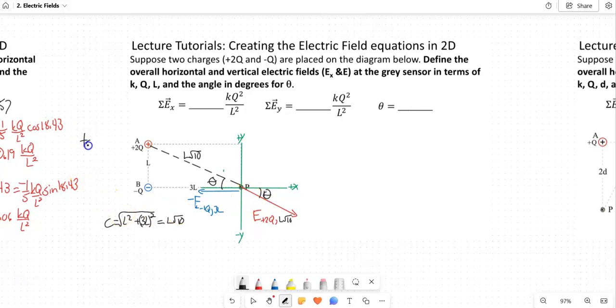But again, tangent of theta is going to be equal to opposite over adjacent. Realistically, we could use sine, cosine, or tangent. I'm just used to doing tangent. So theta is going to be equal to the inverse tangent of 1/3, which is 18.43.